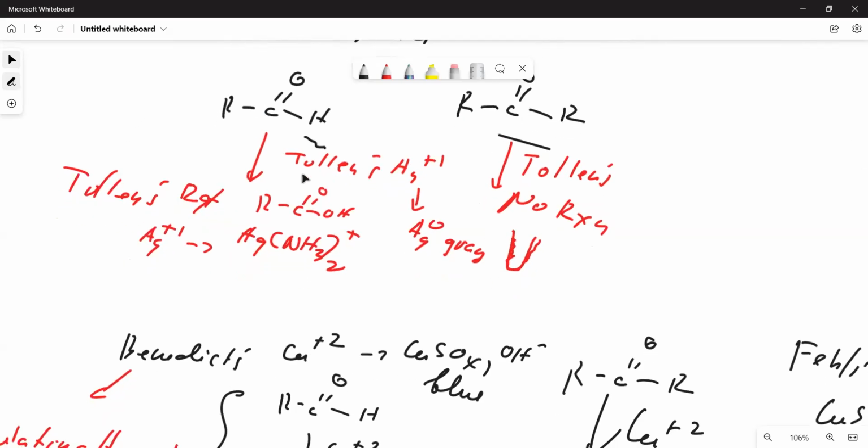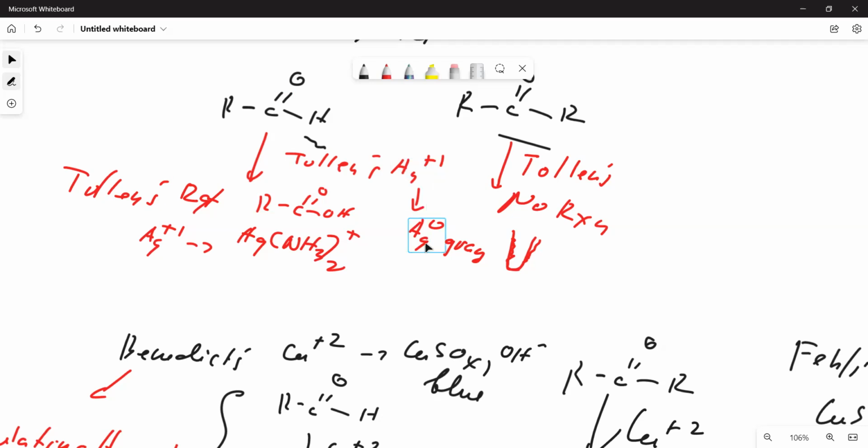One is called Tollens reagent. The active reagent there is actually silver +1 in the form of silver diamine complex. If you add Tollens reagent, this aldehyde will become carboxylic acid, and your silver ion will be reduced to silver metal.